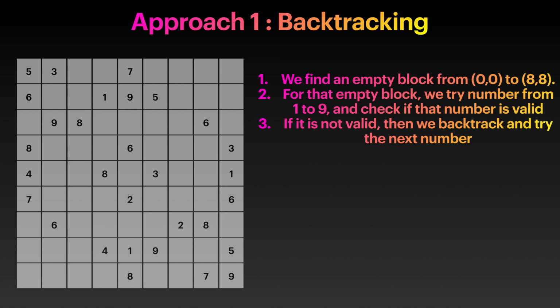So backtracking, as you know, we try every single number, and then if that doesn't work we backtrack, we go to our previous step, and then we undo the changes that we made. For using backtracking on this, the time complexity would be enormous.